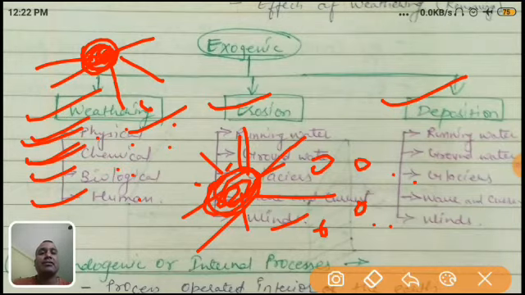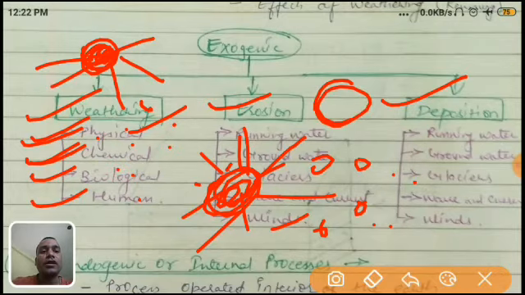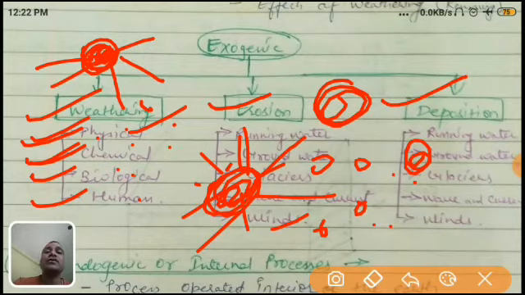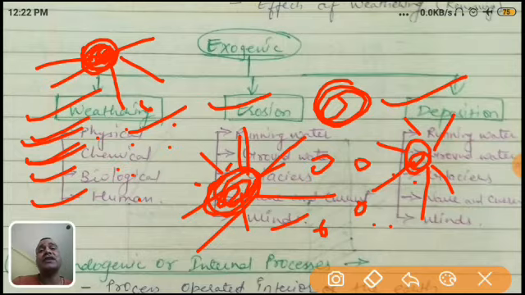Second one is chemical, because we know very well that a rock is a composition of different minerals. A rock is not formed by any one kind of material, so it has different types of minerals. You have already studied this in chemistry. Because of the different chemical composition, it reacts with different chemicals, like air, water or other agents.